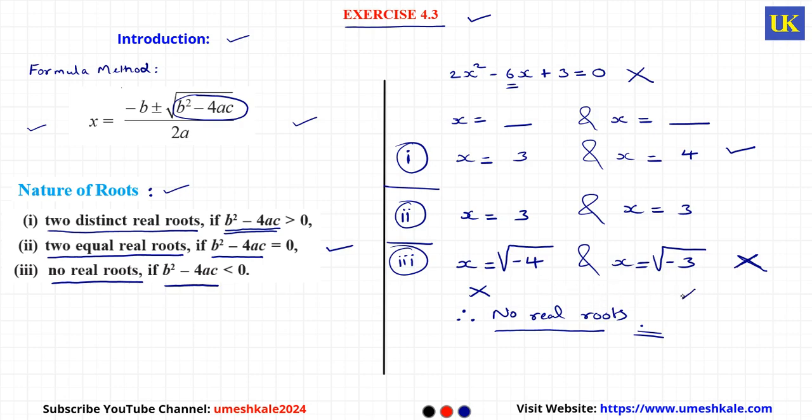They are imaginary numbers. Because they are not real numbers, such answers will be called no real roots. Just understand this thing, very important. Now we'll go to the first question.